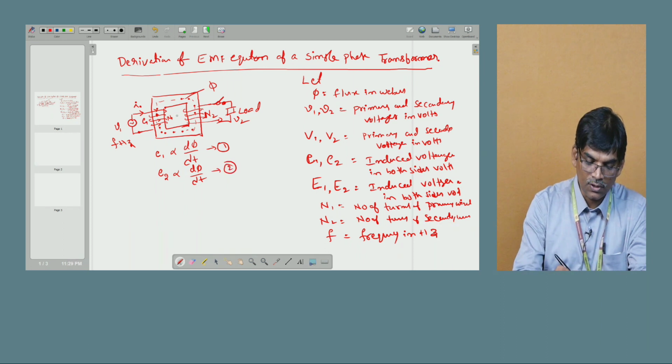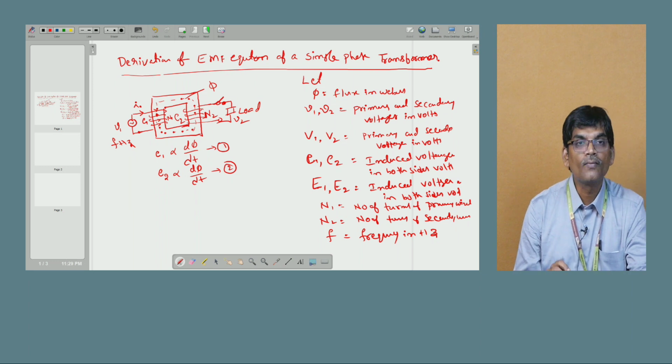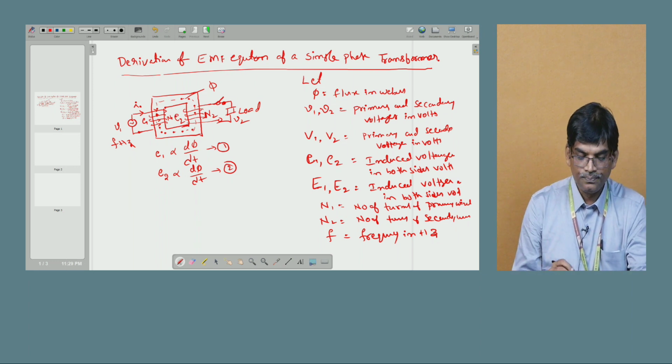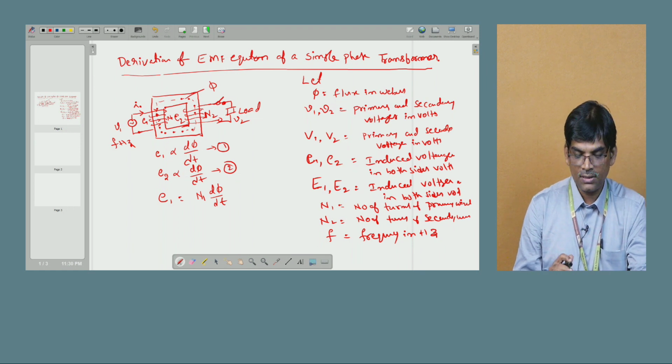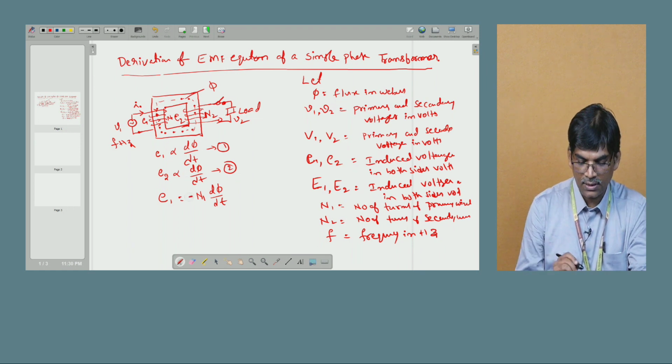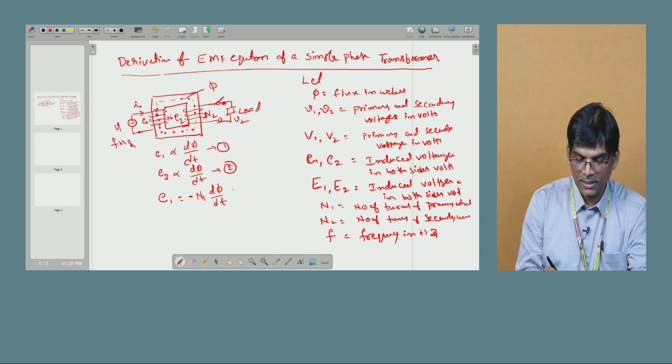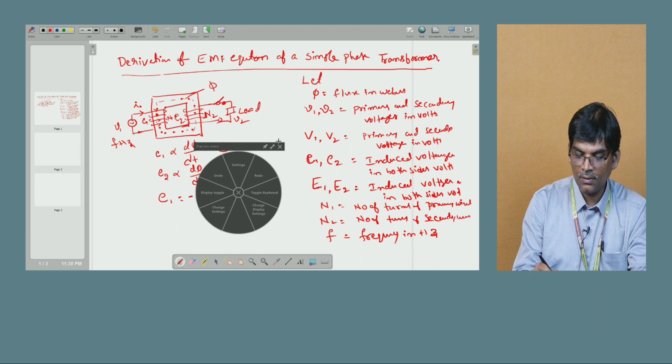So here also some voltage will be developed, called E2. Actually E1 is proportional to d phi by dt, but it is equal to the number of turns in the primary winding, N1, times d phi by dt. But according to Lenz's law that voltage opposes, that's why we treat it as minus N1 d phi by dt. So this is equation 3.